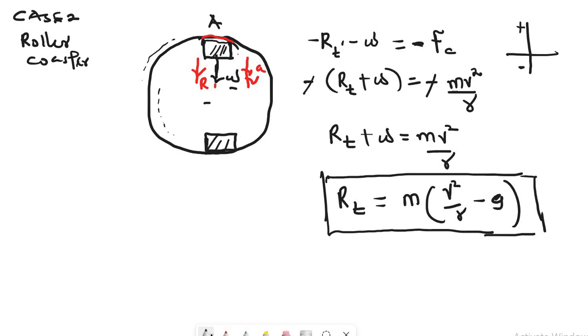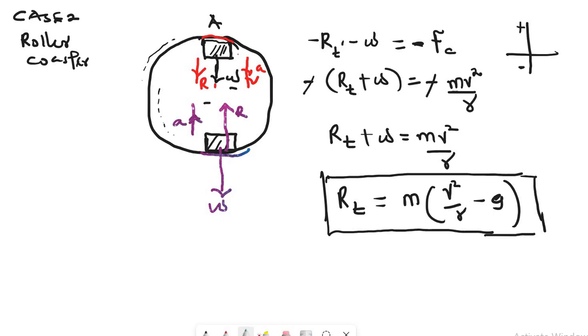Now, let's see the normal reaction at the bottom. Let me use another color. At the bottom, of course, the weight is acting downward. The contact force on the object in this case is upward. Of course, acceleration is toward the center of the circle.